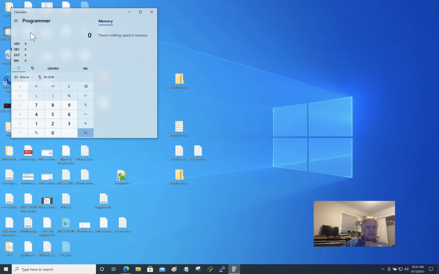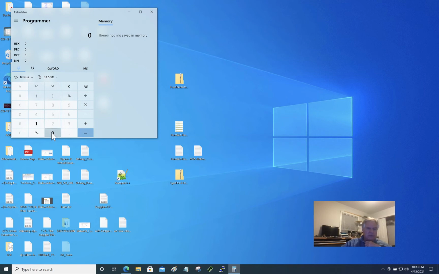So right now it's set to decimal, and you can see there's a little blue tick right next to the word DEC right there. If I want to go to binary, put this in here, and I've only got 1 and 0.